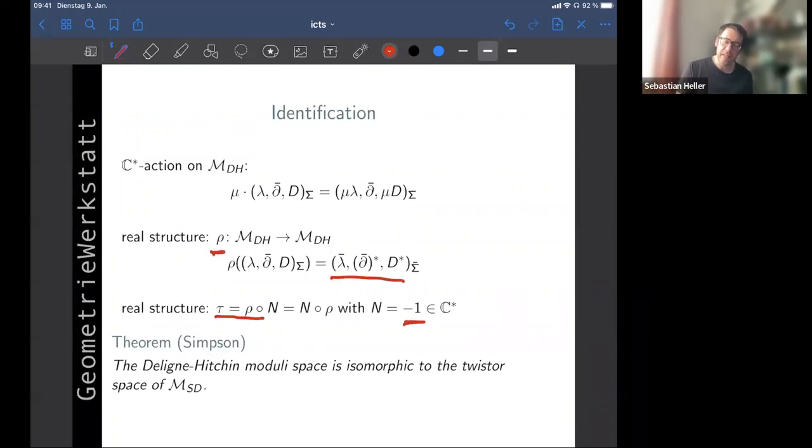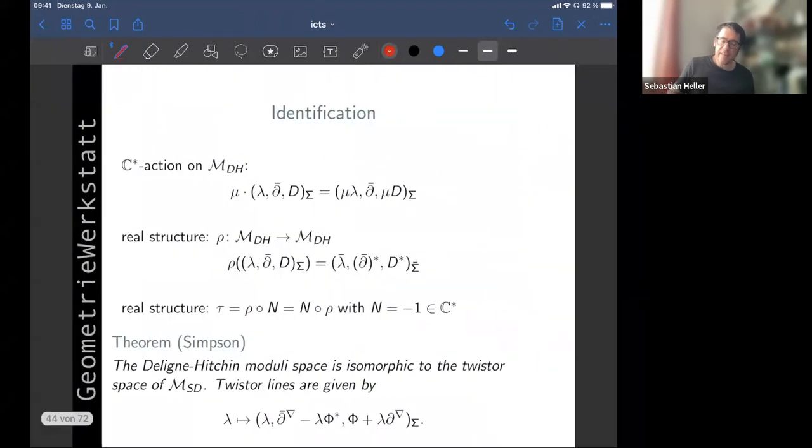And in fact, by the result of Simpson, this is the twistor real structure. And now comes the important part for me. We are also able to specify the twistor lines. They are given by an associated family of flat connections. One I wrote down before, and I see that I have a typo here, unfortunately. Here should be plus.